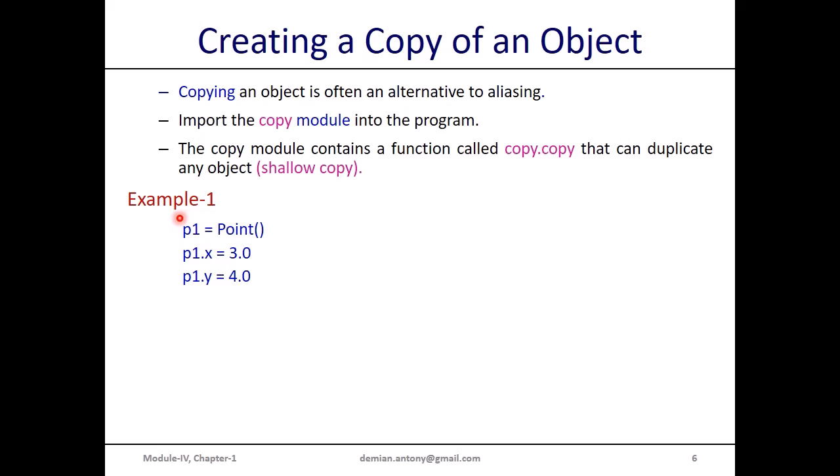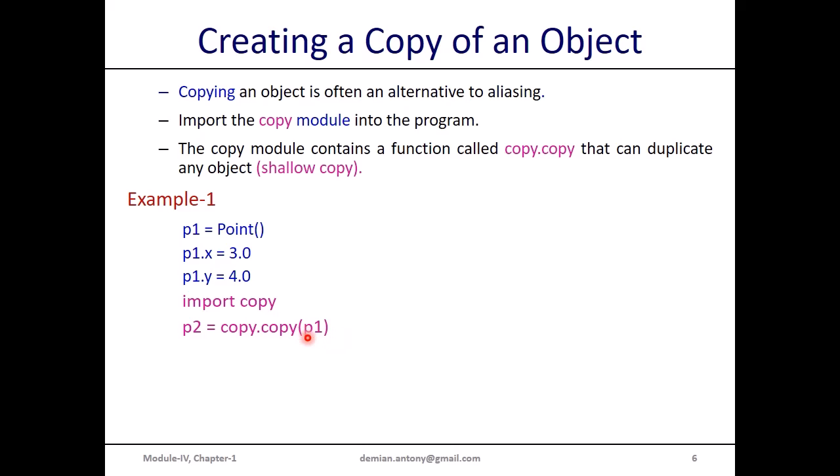We create the object P1 of Point and we allocate values 3 and 4. Now we have to import the copy module before using this function copy. And now I will create a copy of P1 with a simple assignment, P2 equal to copy.copy of P1.